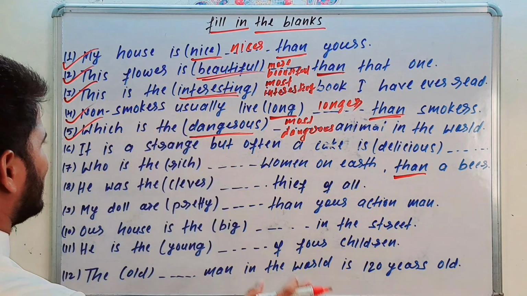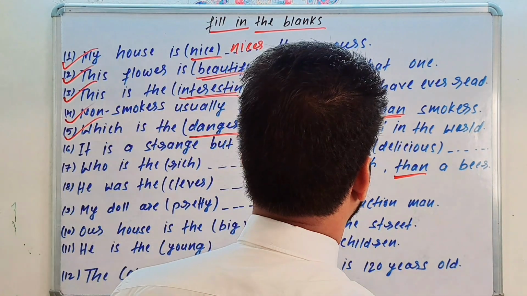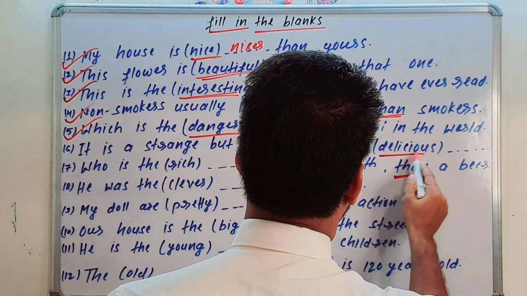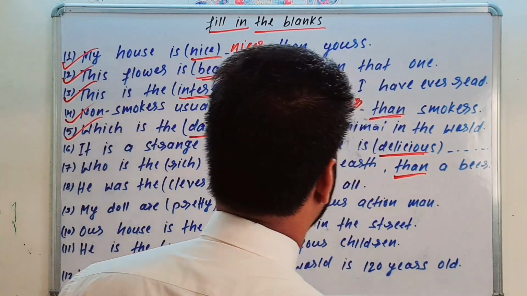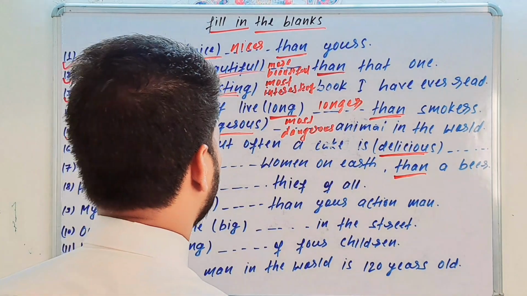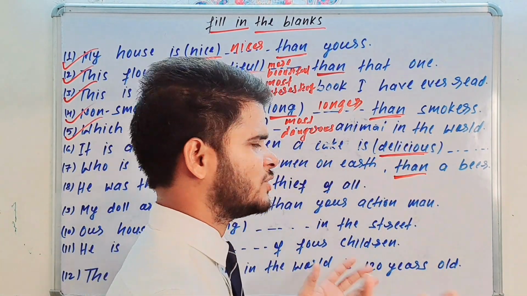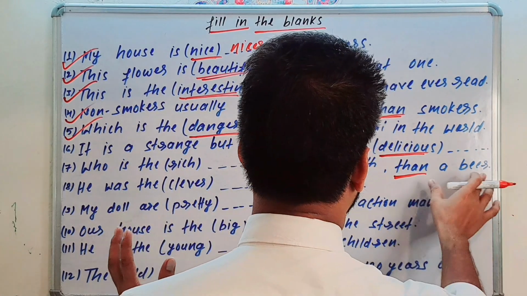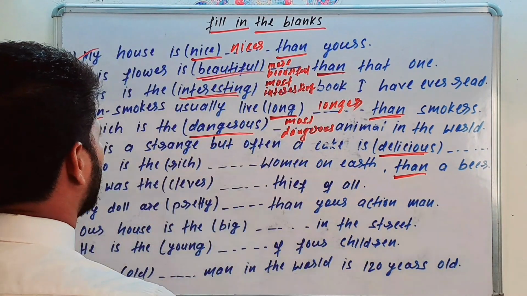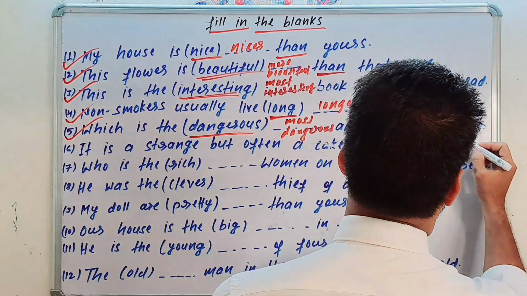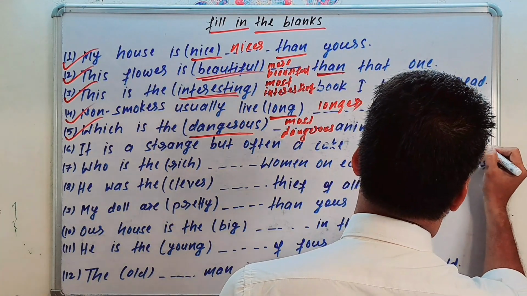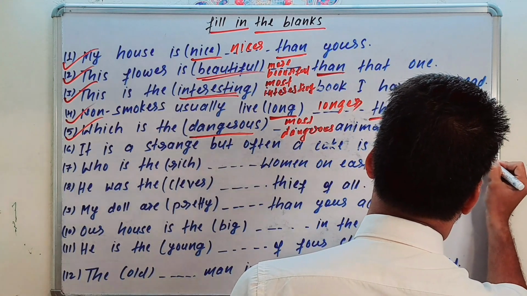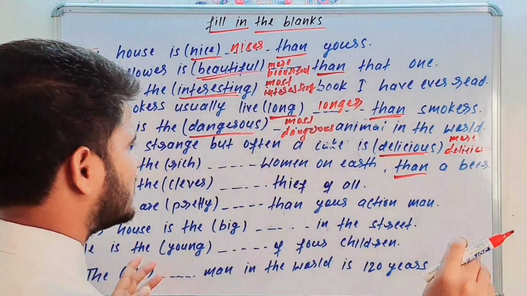Delicious is used, and I have to convert this word delicious into comparative degree, and we can do that by adding more, like more delicious than a beer. It is strange, but often a cake is more delicious than a beer.